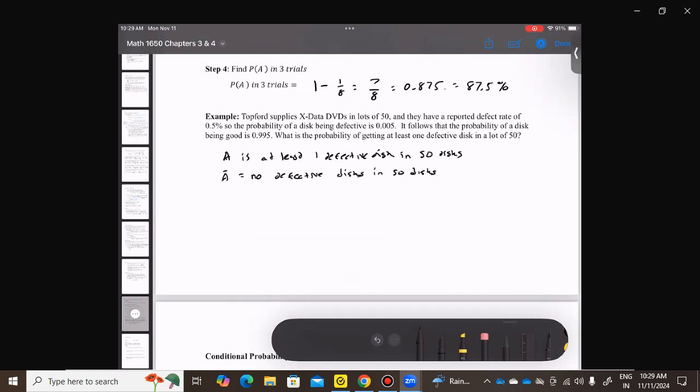Right, so the probability of not having a defective disc is 0.995, based on the probability of a disc being good. That's in one trial. In n trials, this is going to be raised to the 50th power, since n is 50.